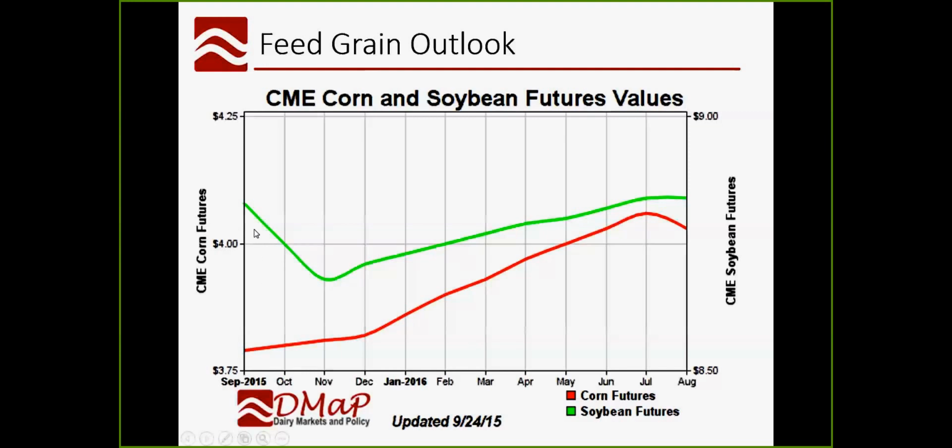Okay, so corn is projected into the spring to get a little bit higher, but that's 25 cents, right? It's not a huge amount. And same thing with soybean meal. This is a 50-cent one. So at least at the current time, with what we know about South America and the world situation, it doesn't look like we're looking at extremely expensive feed if you're in the cash market. Bad news for Roger, but better news if you're buying it.